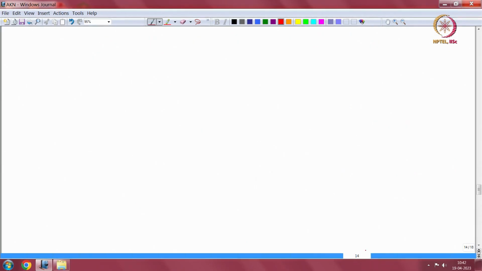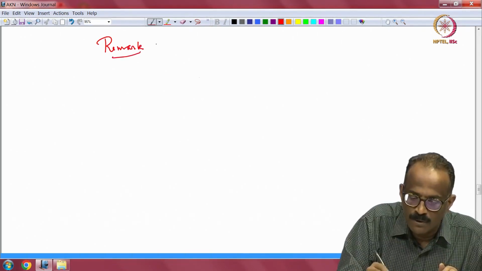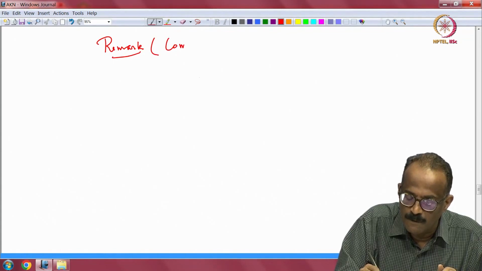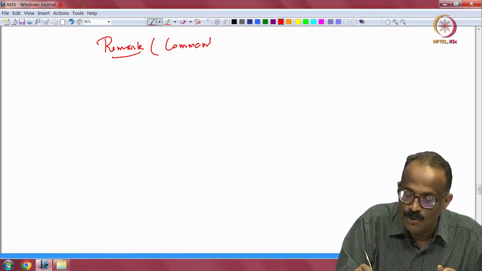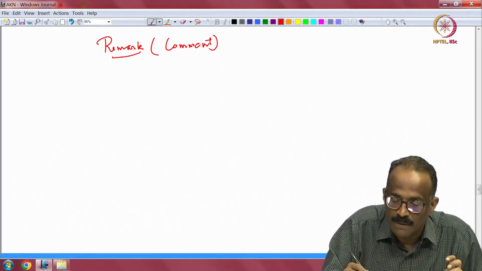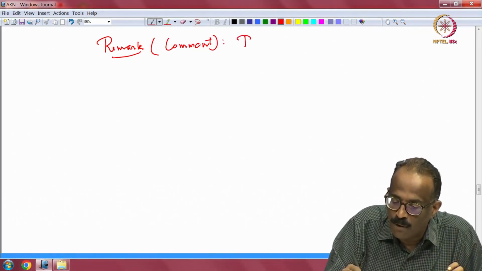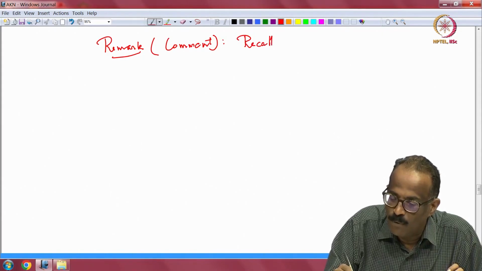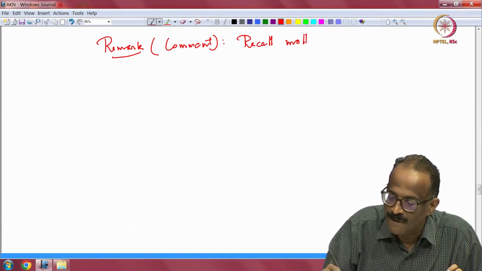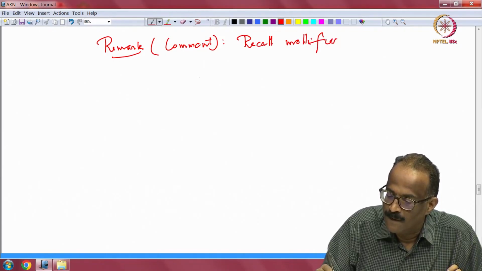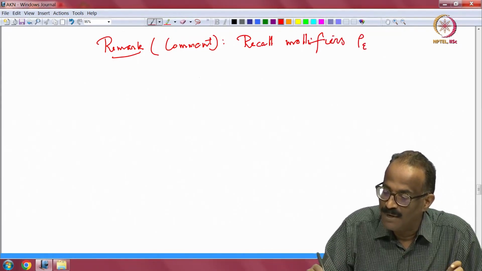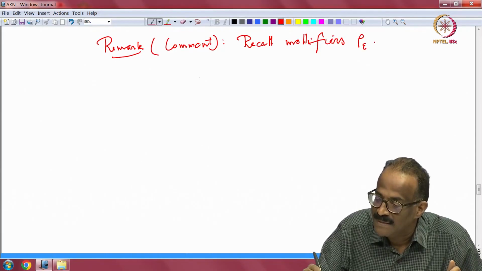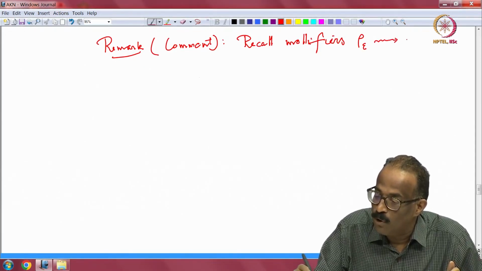So now, in this view, a remark or comment. Let us recall again the mollifiers you have already studied, rho epsilon. You have seen that in some sense this is close to delta, but not fully.